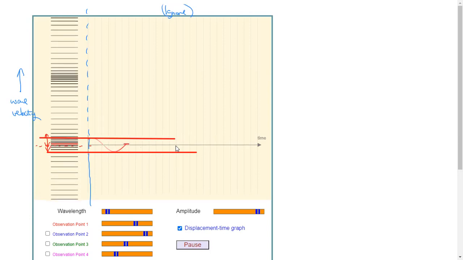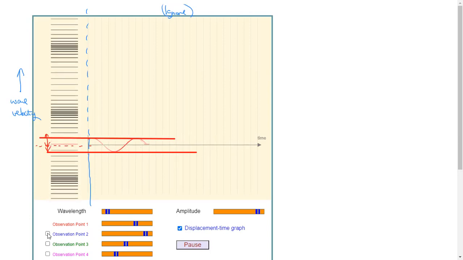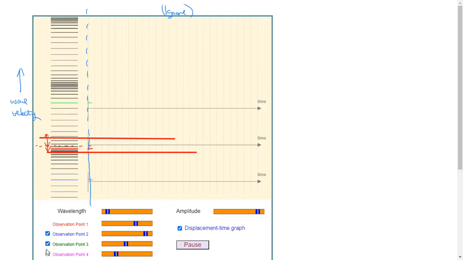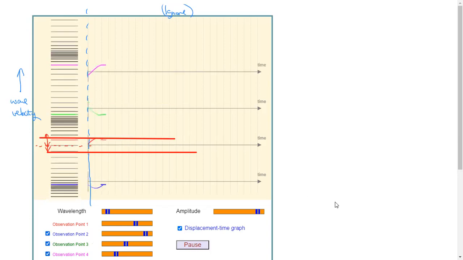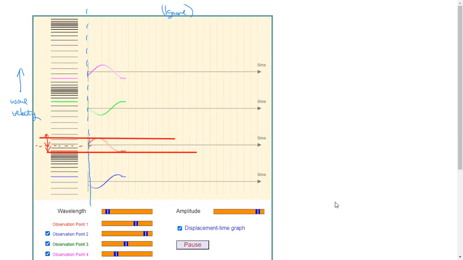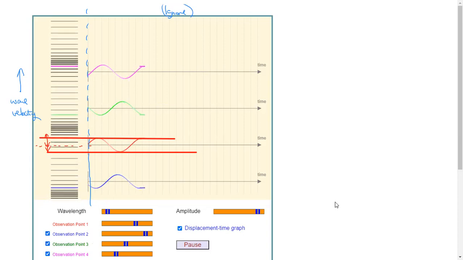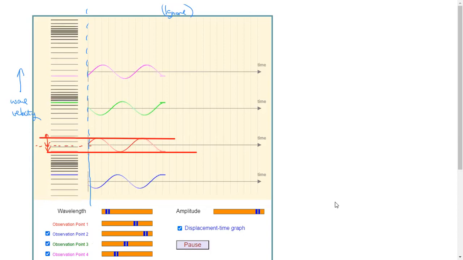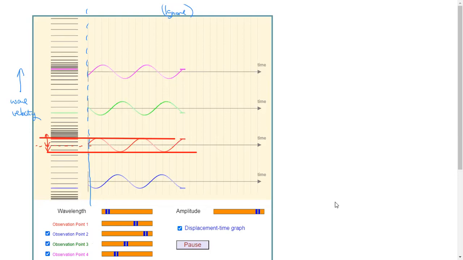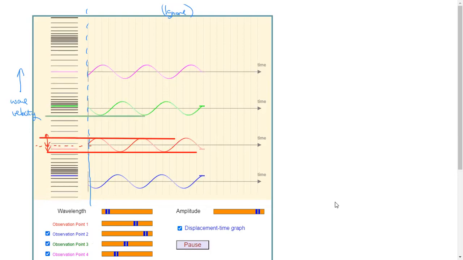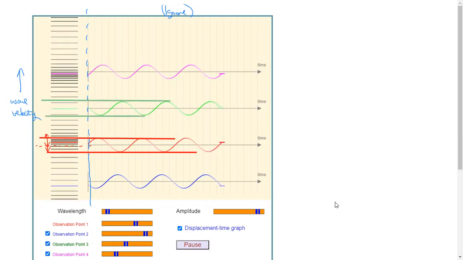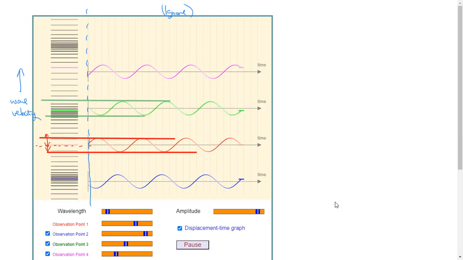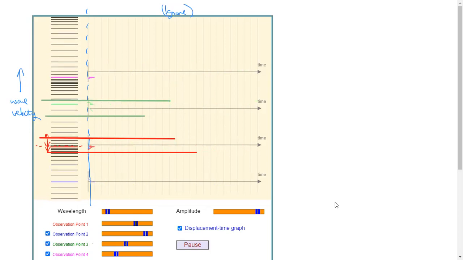Let's add on a few more points. You can see that the green one is also staying between sort of these spots. The blue one is staying between certain spots.